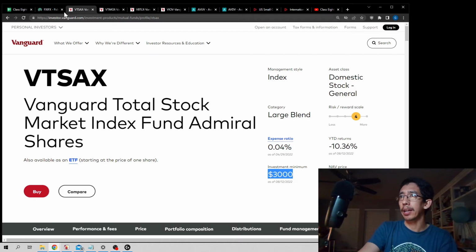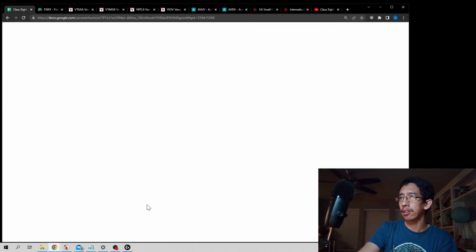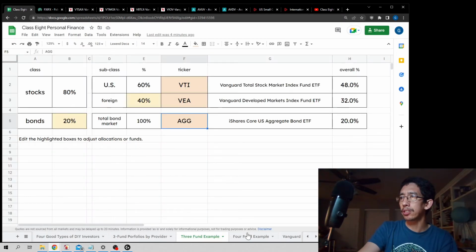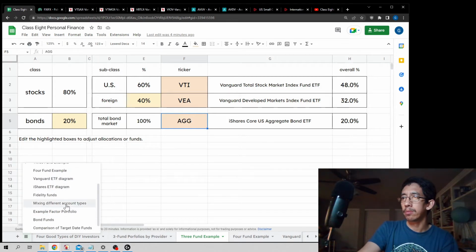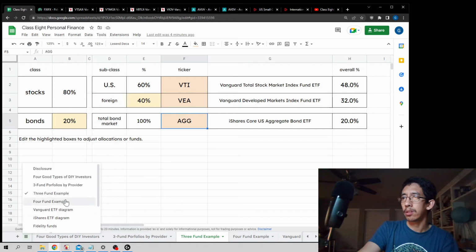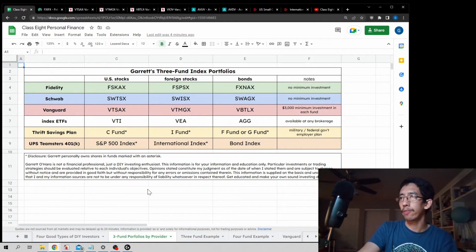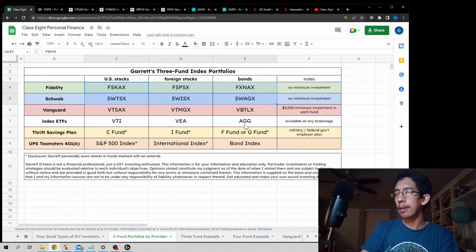The other aspect is, let me come back here to the spreadsheet, let me find it. Where'd it go? Three fund portfolios by provider. I have this page on the spreadsheet. And just take note that Fidelity and Schwab also have similar funds. Not exactly the same, but similar.